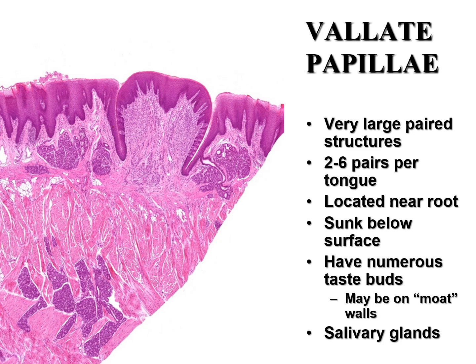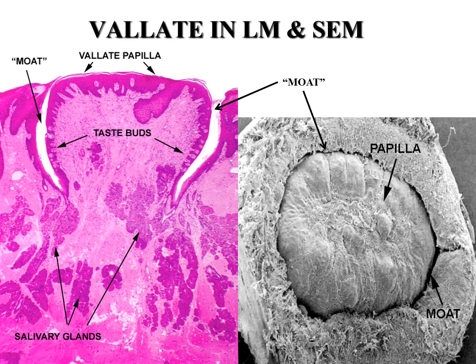You can see here this space between the epithelium where the fluid is going to enter. This area we call the moat, and just below this papilla we have the salivary glands.